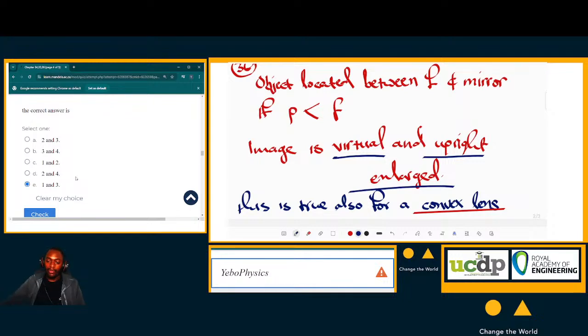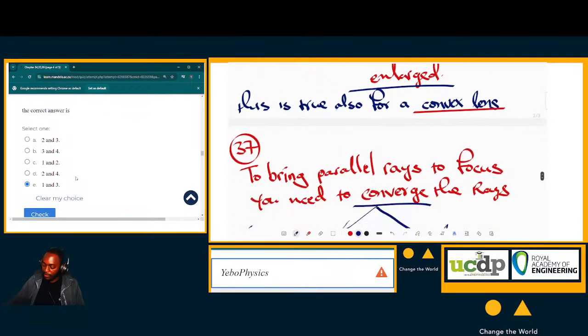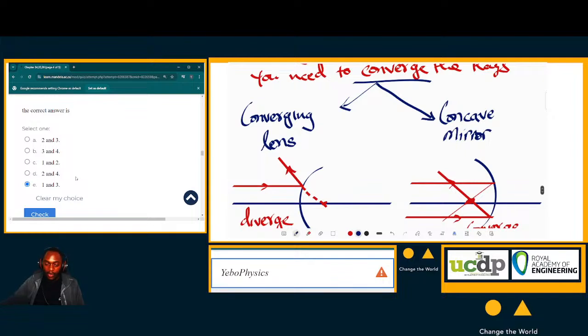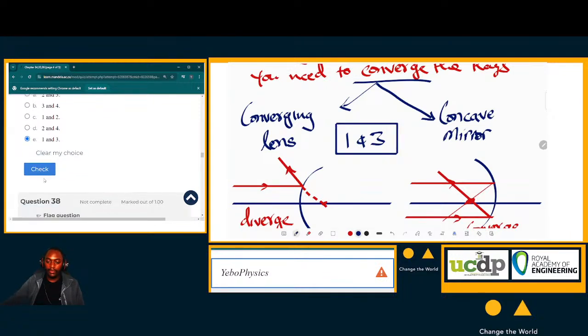So there are some similarities that you pick up there. So our option will be 1 and 3. So we can check that.